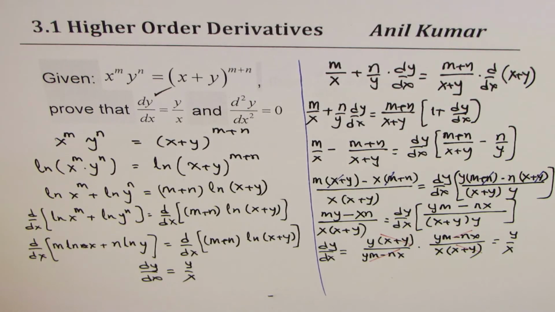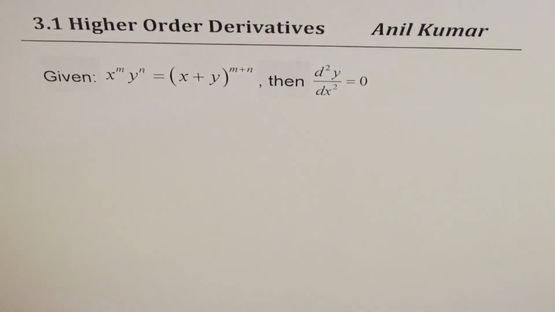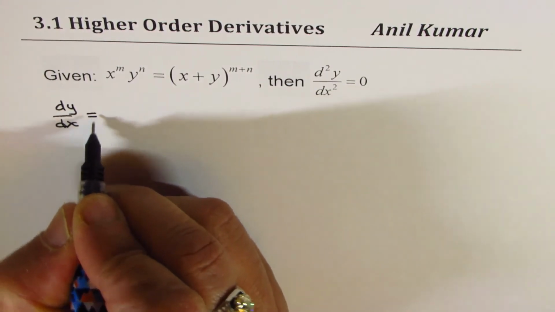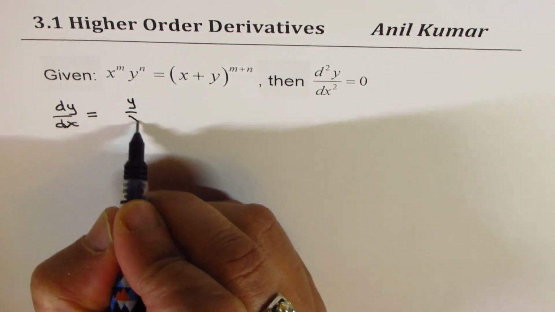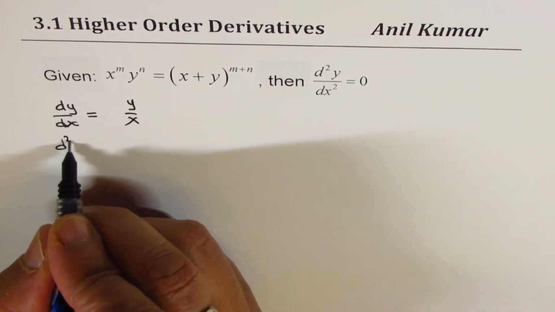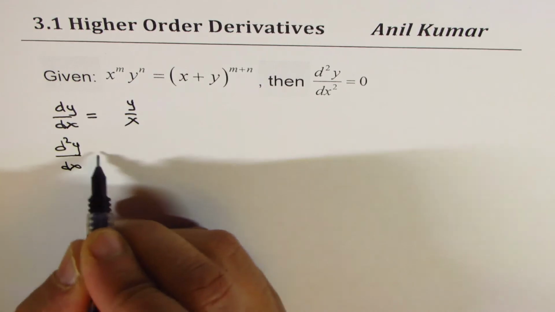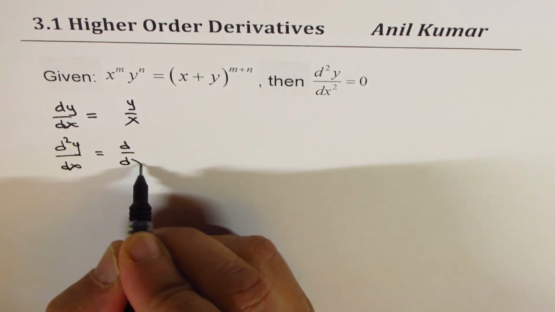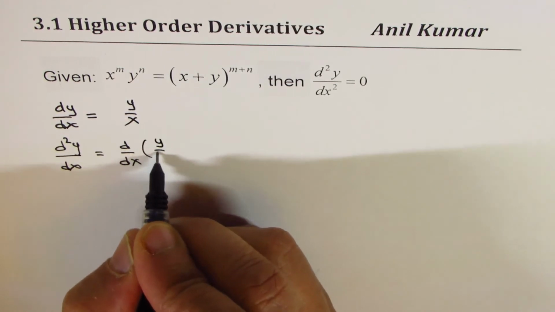So let's move on to the next page and find the second derivative of the function. Perfect. So now we'll do the second derivative. We know dy/dx is equal to y over x. So d2y/dx squared will be d/dx of y over x.